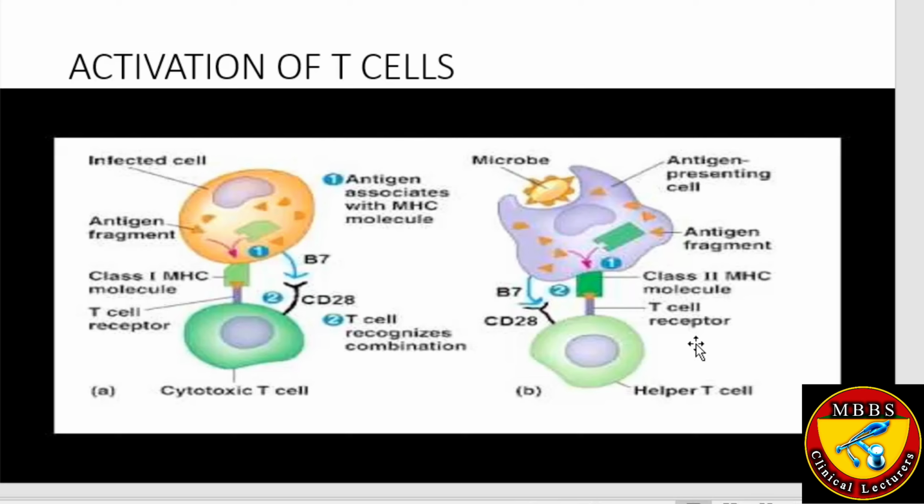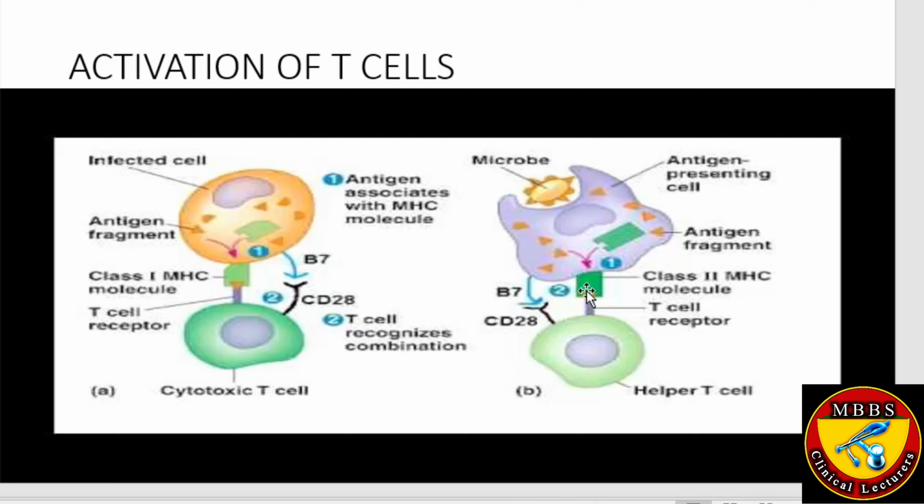It begins when the antigen presenting cell engulfs the microbe, and within the cytoplasm, the microbe breaks down into small fragments or peptides. These fragments and peptides attach with the class 2 MHC protein.